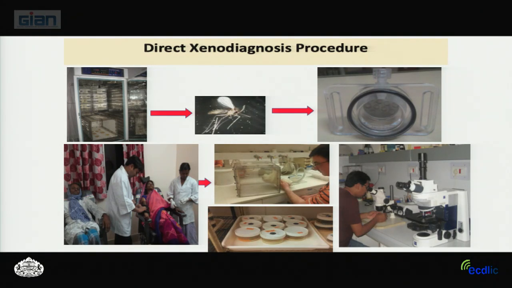So xenodiagnosis has been done in VL, but not more than really just a handful of cases. So these are studies involving hundreds of people, so it's an extraordinary study across all the exposure groups, including active cases, cured cases, asymptomatics, and PKDL.